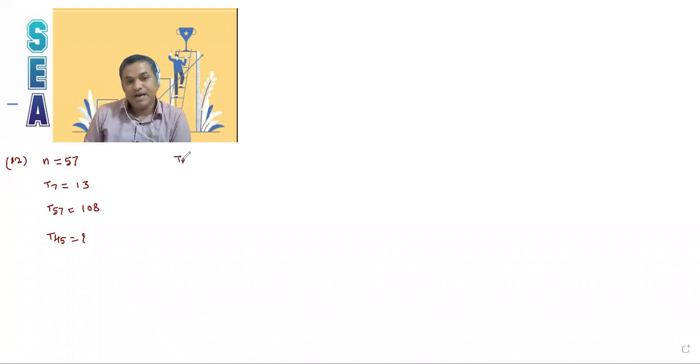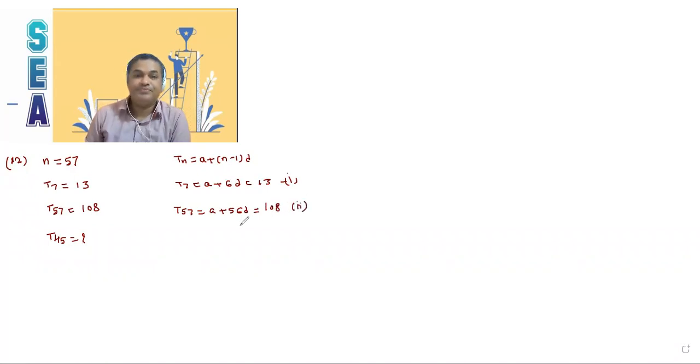So here we will say that Tn is equal to a plus n minus 1 into d. So in this case, T7 is equal to a plus 6d is equal to 13, which gives us equation number 1. T57 is equal to a plus 56d, which gives us 108, that is our equation number 2.